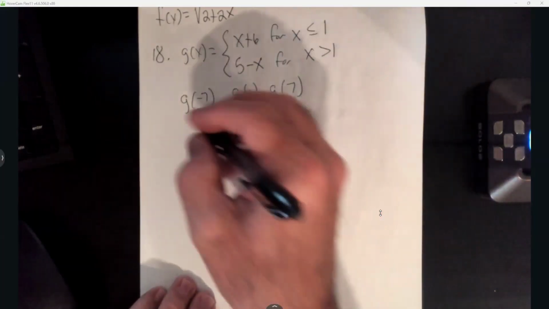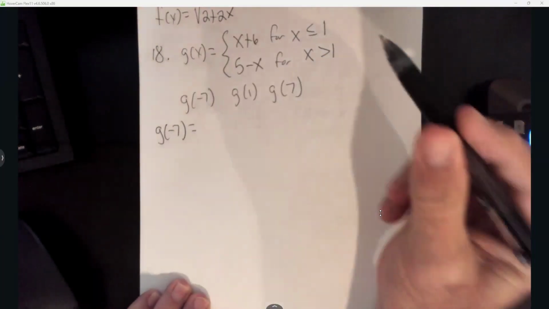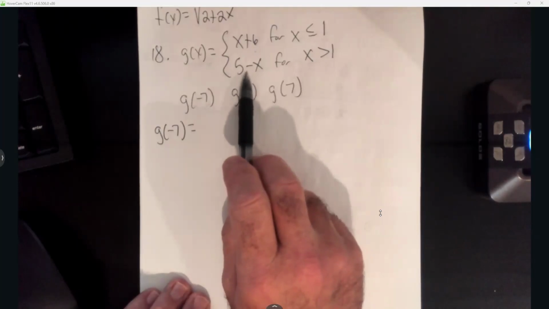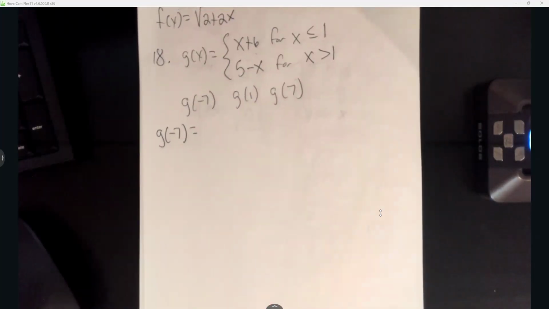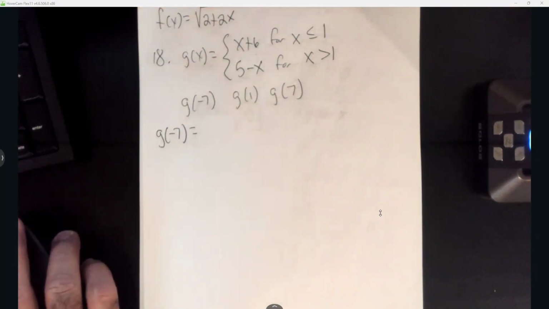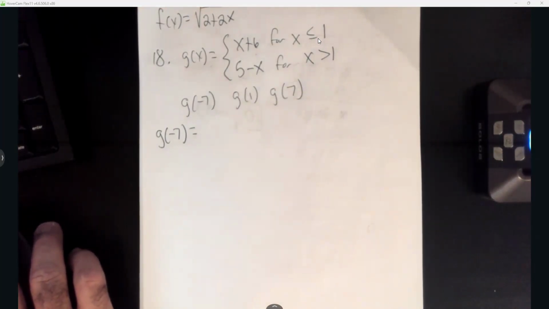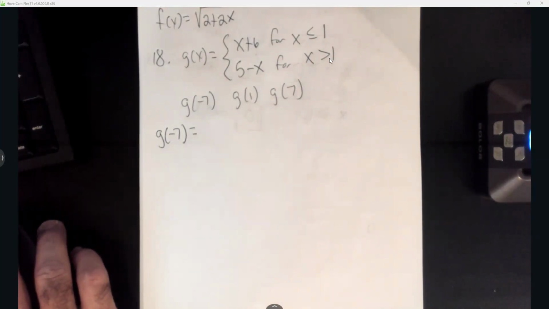All right, y'all. So for g of -7, would I use the first equation, x plus 6, or would I use the second equation, 5 minus x? So basically, is -7 less than or equal to 1? Or is -7 greater than 1?